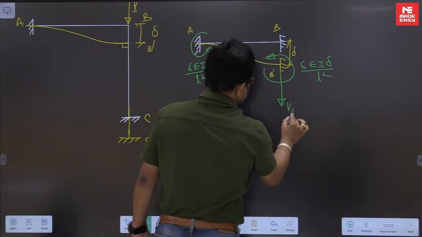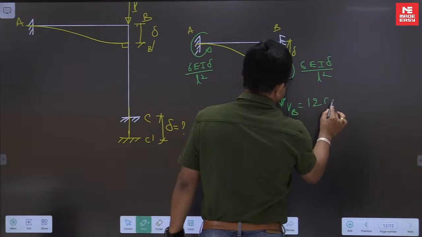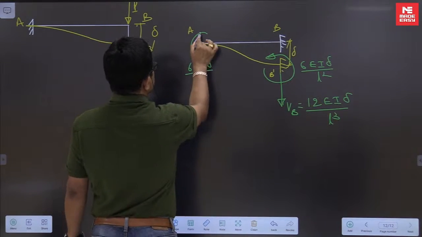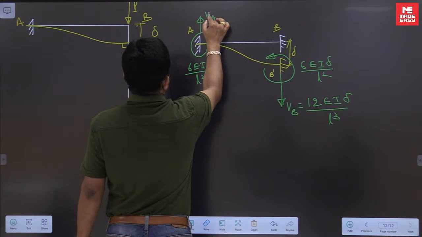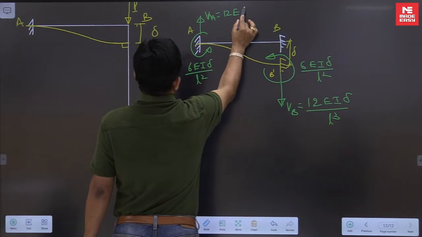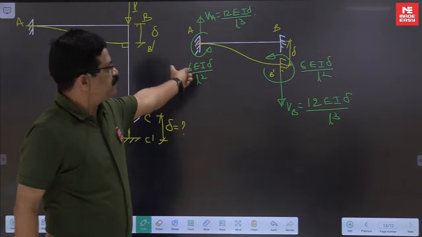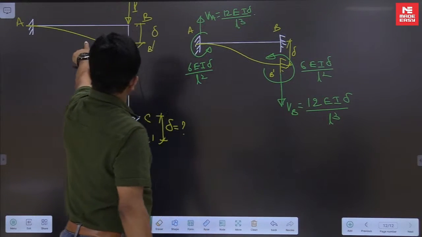The action that is required is 12EI delta by L cube. Here VA is also this, what we know. This profile are matching.